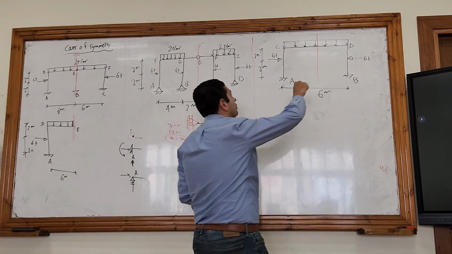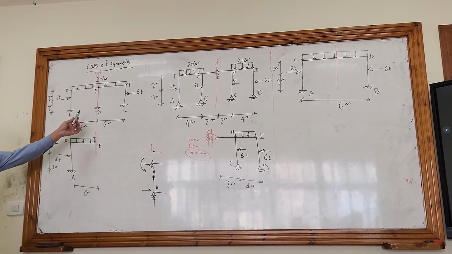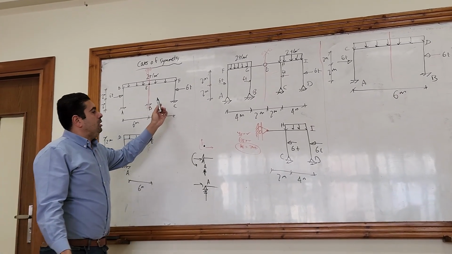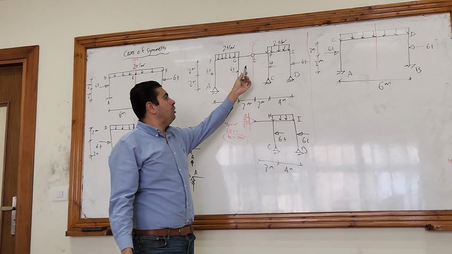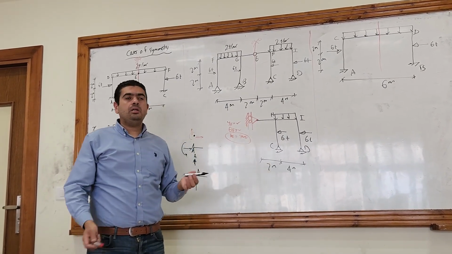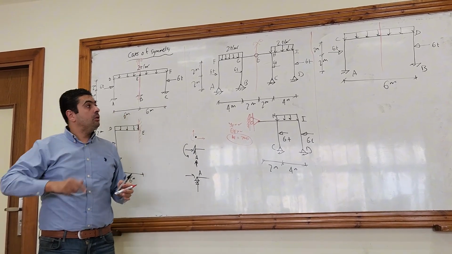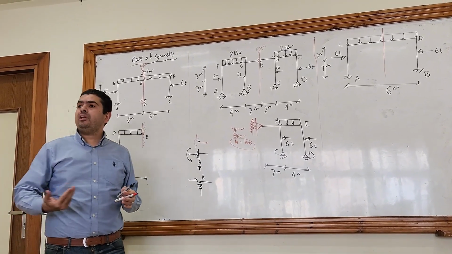The axis of symmetry is neither on a frame member nor on a hinge. This kind of symmetry, you can't work on half the frame.